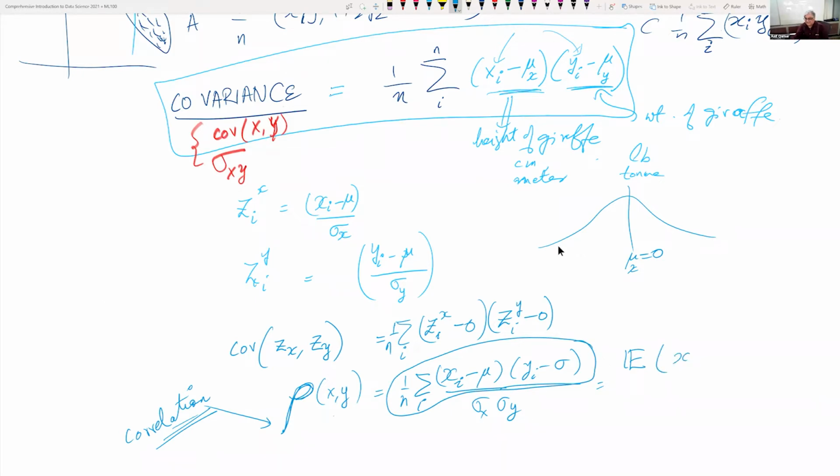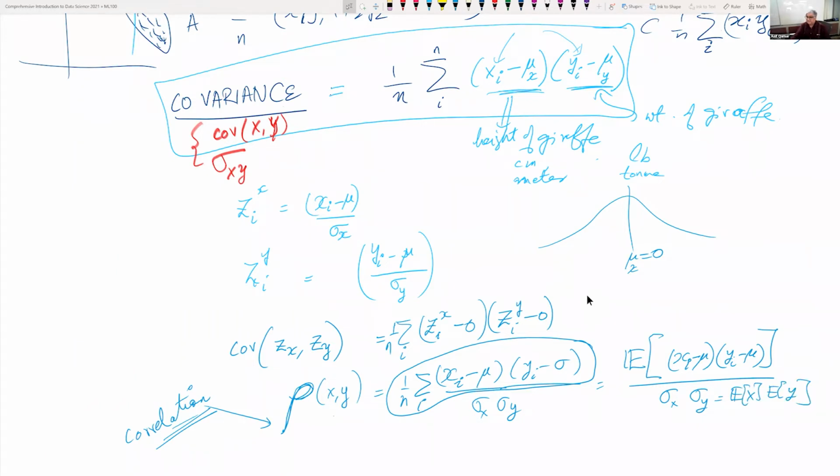We say that it is the expectation value of, this is just mathematical notation, using the E thing, more succinctly writing it like this. This is xi minus mu, yi minus mu, divided by sigma x, sigma y, right? Which also, if they want to go fancy, they can write the denominator as the expectation value of x, expectation value of y.